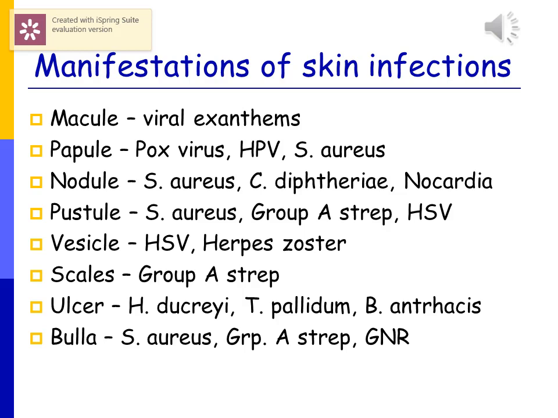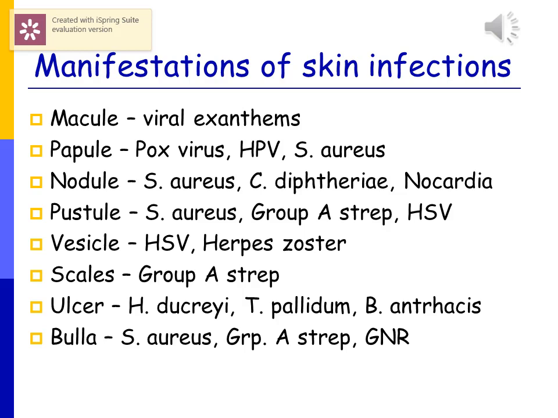So the different types of skin infections, you have macules, which are usually caused by viruses. You have papules, which are commonly caused by pox viruses, human papillomavirus, or Staphylococcus aureus. You have nodules, which can be caused by Staph aureus, Corynebacterium diphtheriae, or Nocardia.